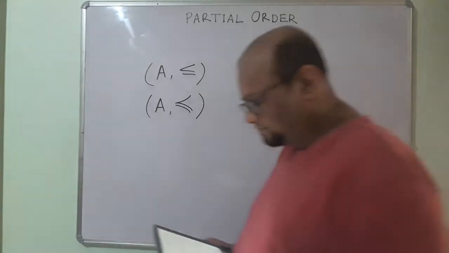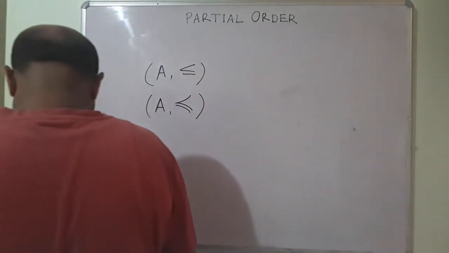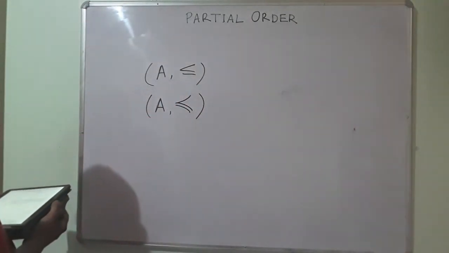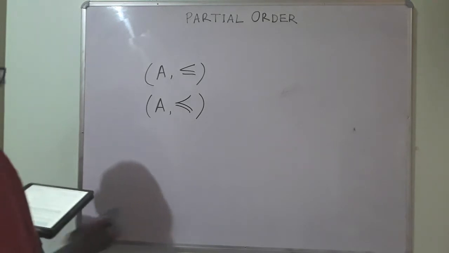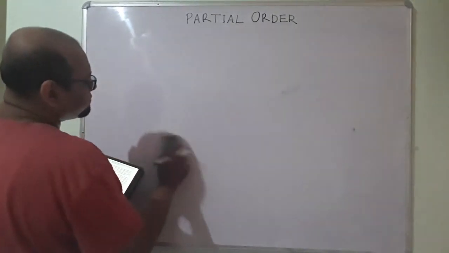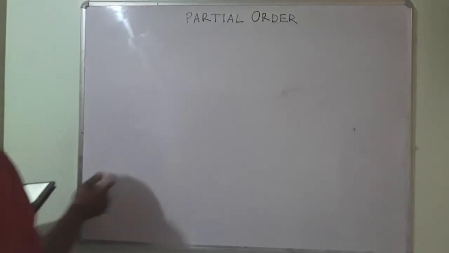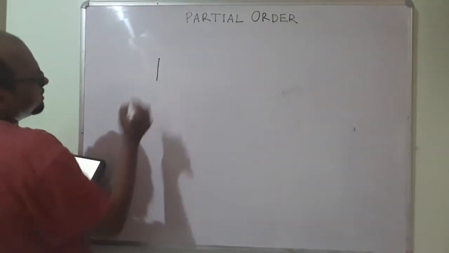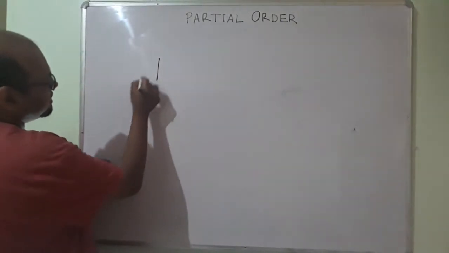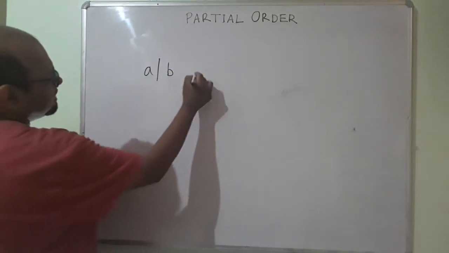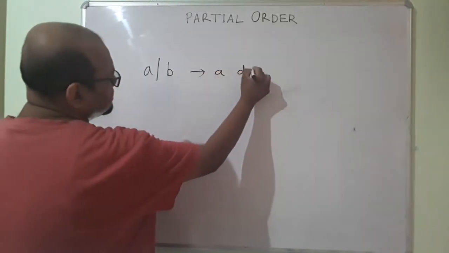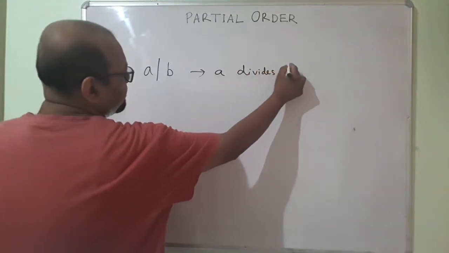Now let us talk about one more example. This symbol, (a, b), means a divides b.